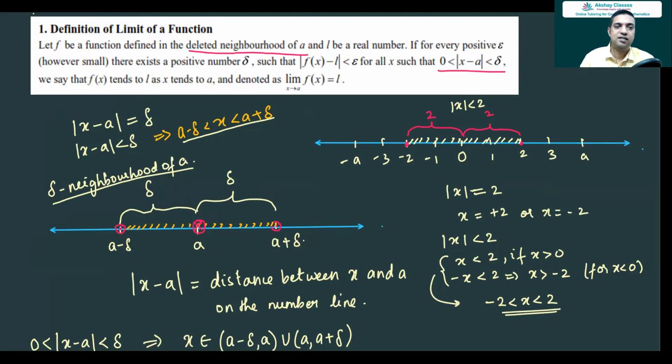such that, okay, now let us understand this definition, such that as long as function value lies in the epsilon neighborhood of L, such that x lies in the deleted neighborhood of A. So what the definition says is, as long as x lies in the deleted neighborhood of A, function value lies in the neighborhood of L. Okay, what does this mean?